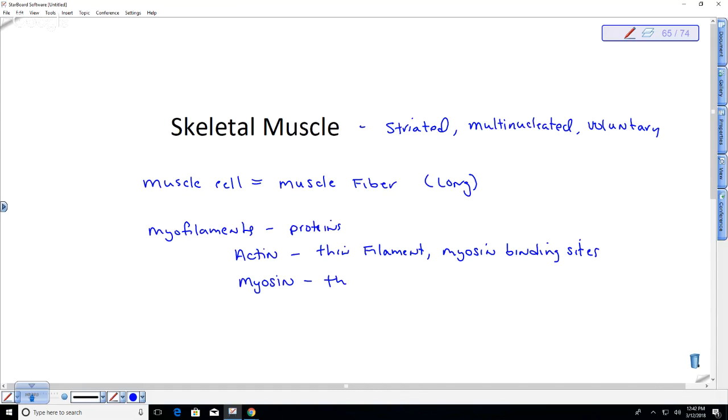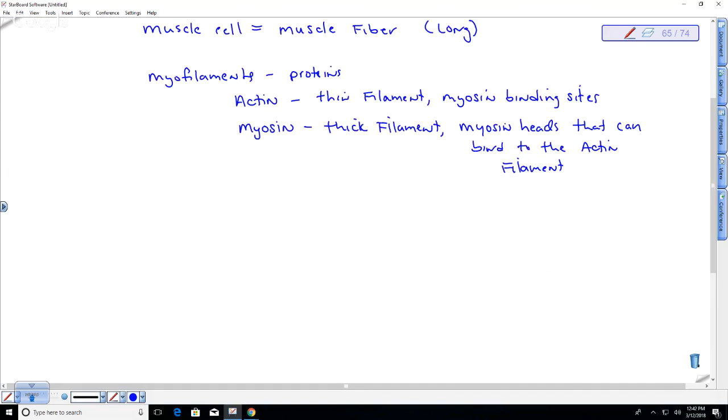This is the thick filament, and these have what are called myosin heads that can bind to the actin filament. Okay. These myofilaments are arranged in what are called sarcomeres.